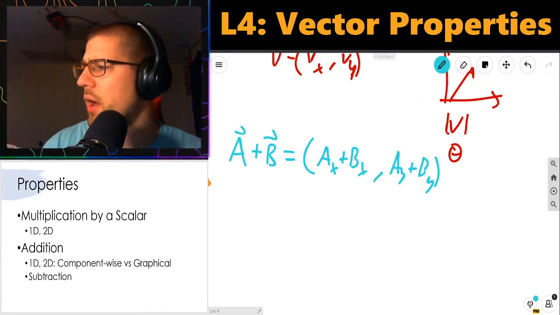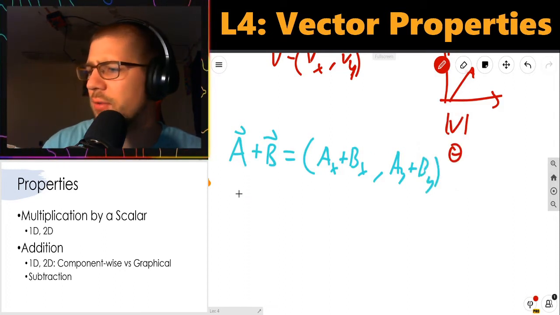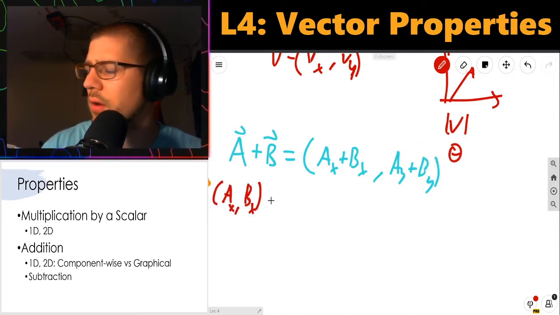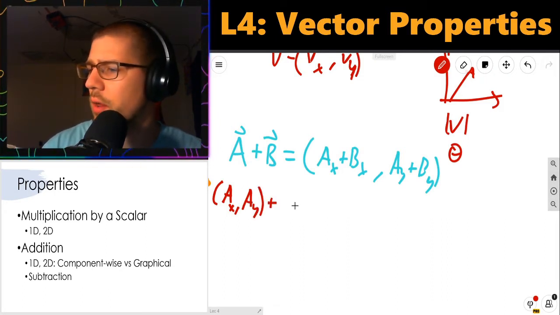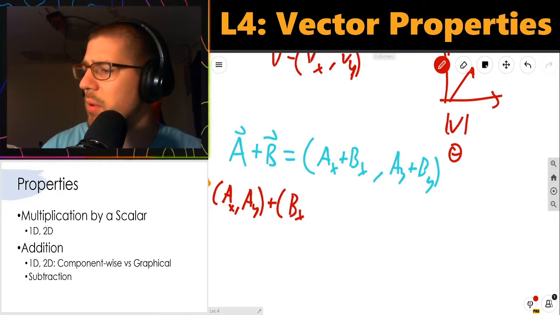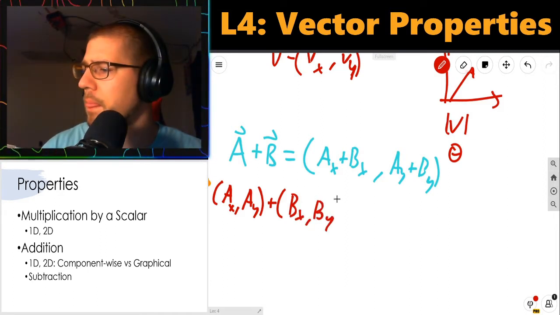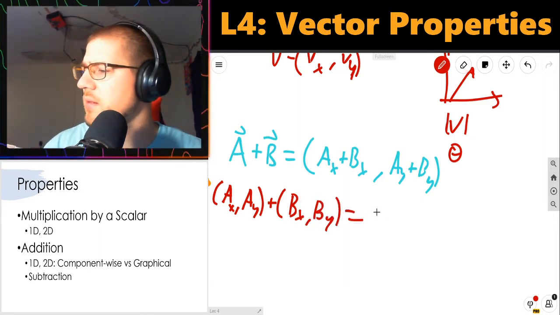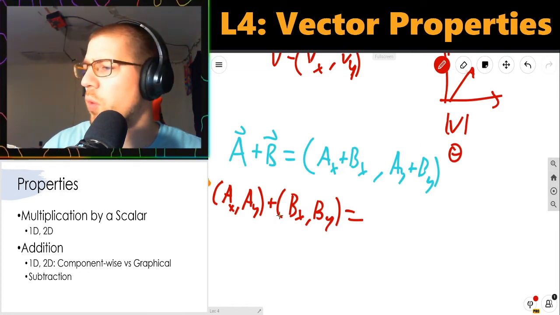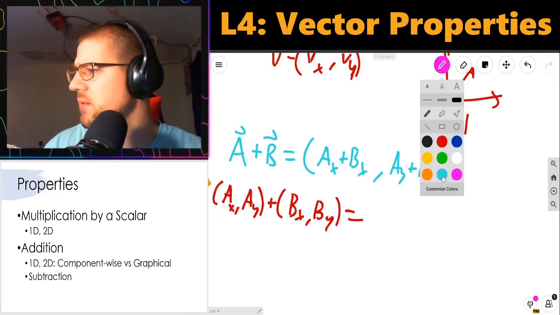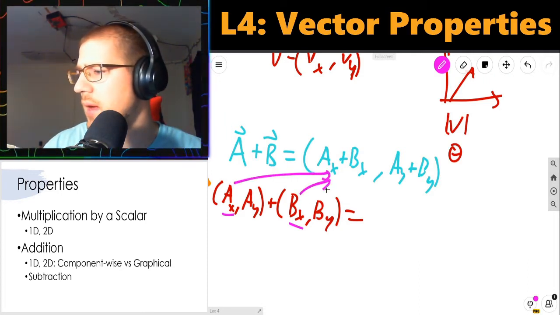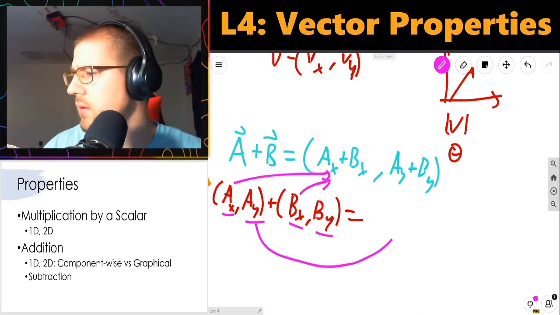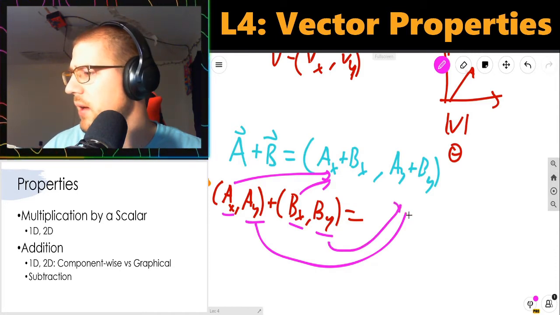If I were to write out these two vectors as ax comma ay, and bx comma by, they just add component-wise. The things in the first index get added, and the things in the second index get added in the second index up here.